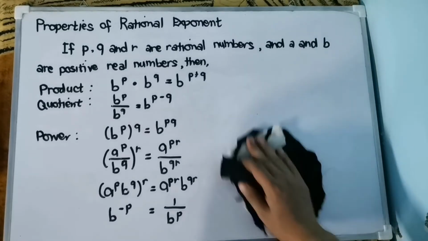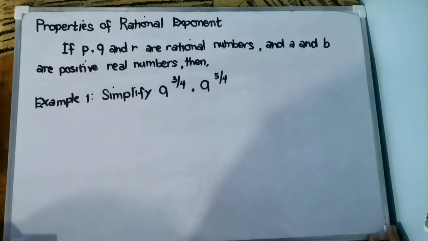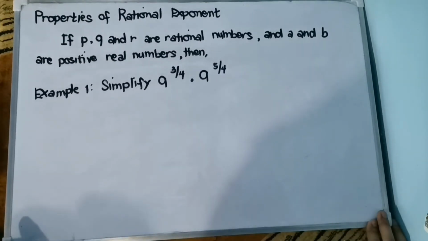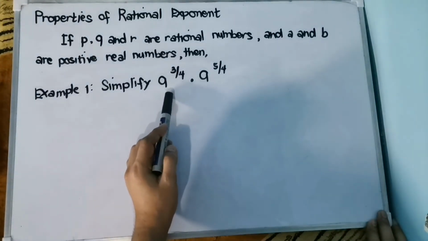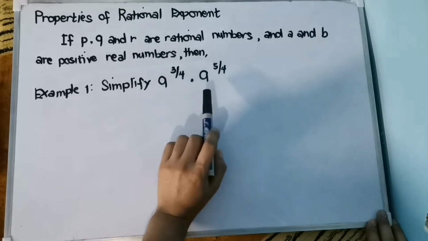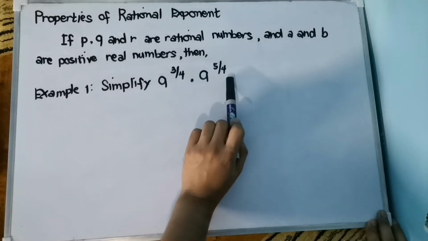So now that I have discussed all the laws of exponent, let's start our examples in simplifying problems with a rational exponent. So let's have our first example. Let me say we have to simplify a raised to 3/4 times a raised to 5/4.